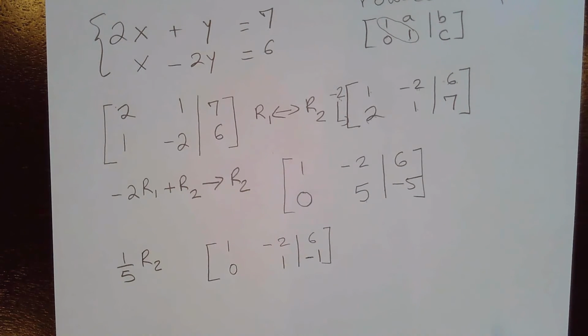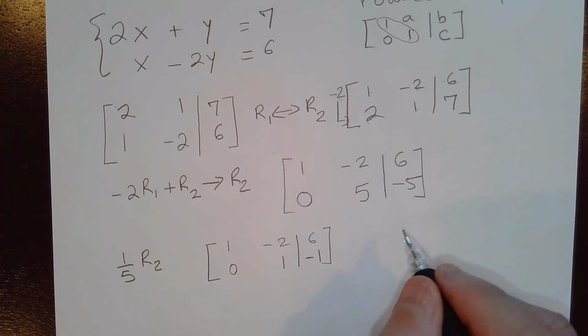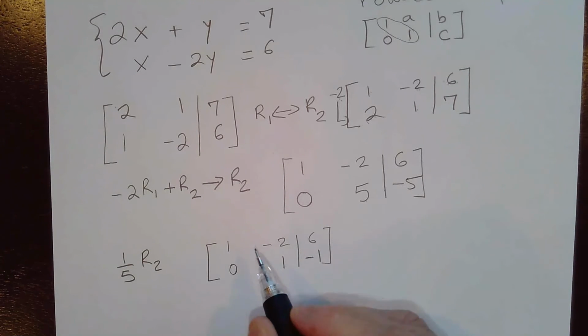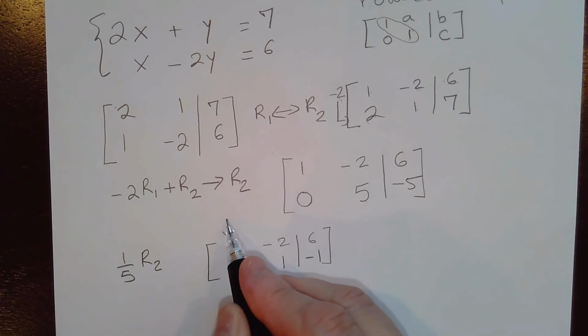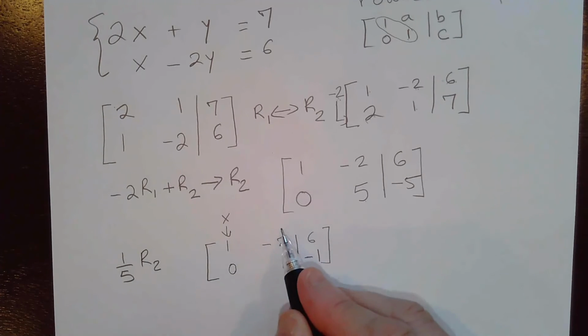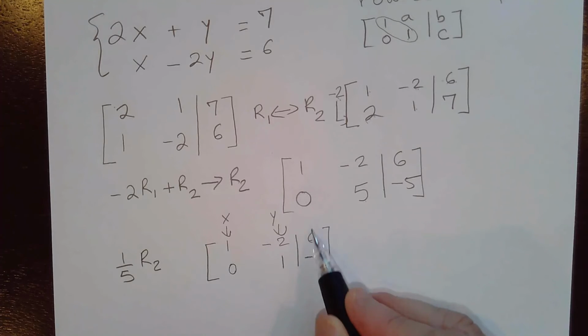Now we were able to transform the augmented matrix into a matrix in row echelon form. So here we have the diagonal 1 and under the diagonal 0. Now we can write the corresponding system of equations. Again, remember the first column corresponds to the coefficient of x, the second column corresponds to the coefficient of y, and these are the constants.